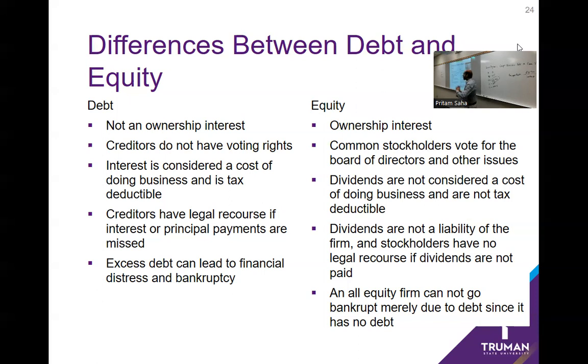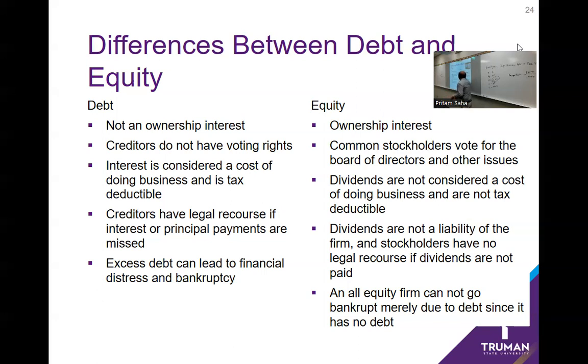Dividends are not considered a cost of business. Why? Because at the end of the year, if you think you're not doing well, or if you think you need money for investment, you can keep all of the income, right? You are not obligated to pay a fixed dividend to the common stockholder every year. If you do, that's a good policy, but you are not obligated as a corporation.